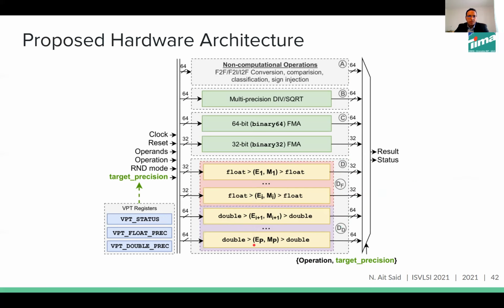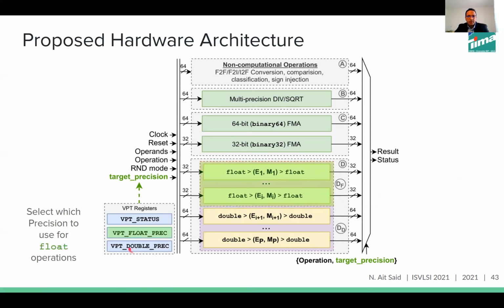We also added a set of control and status registers to control the precision of the FPU and its status. Now, at execution time, an assembly instruction can be executed either on the standard path or on the approximate data path, depending on the configuration of these registers.